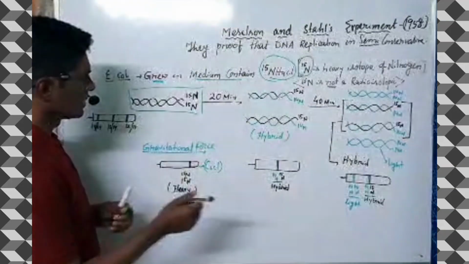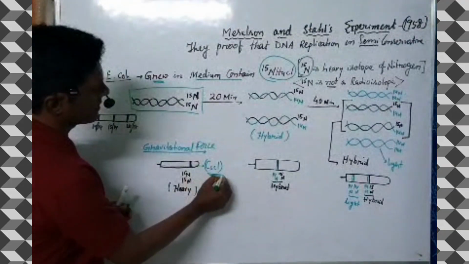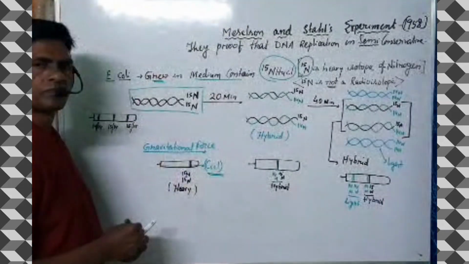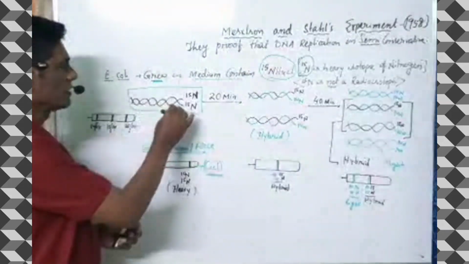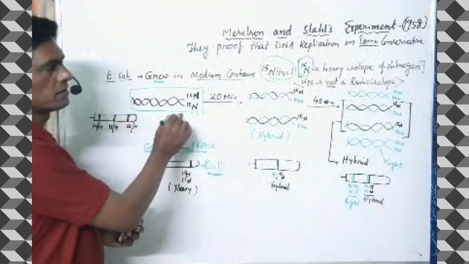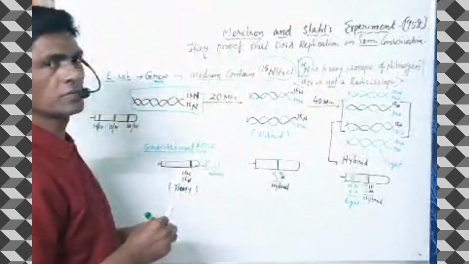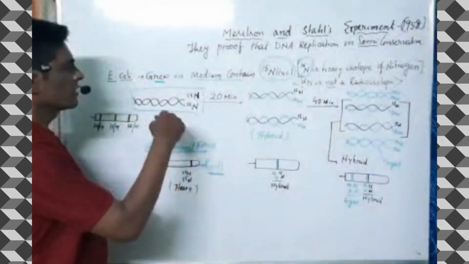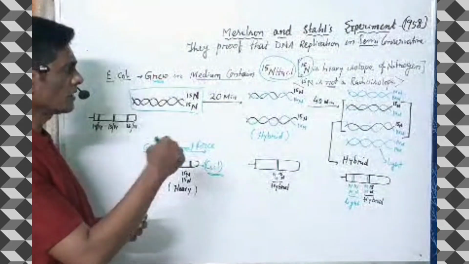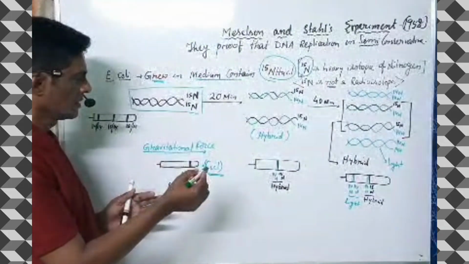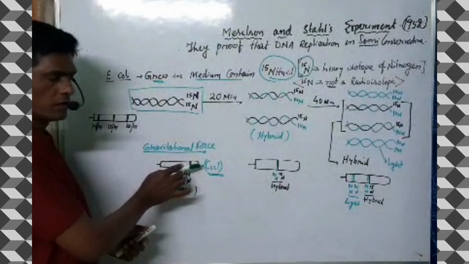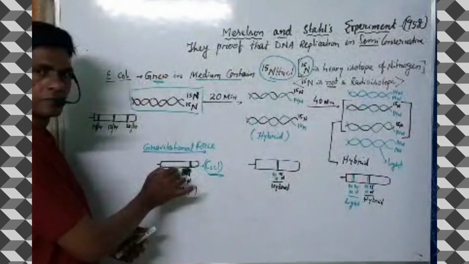For that, they took cesium chloride. Cesium chloride is the chemical they add into the test tube, and after that they added the N15 bacteria, that is, the bacteria with heavy isotope nitrogen. After that, they applied centrifugal force. After centrifugation, they observed that the heavy nitrogen goes to the bottom of the test tube.